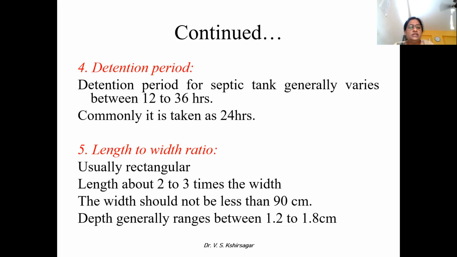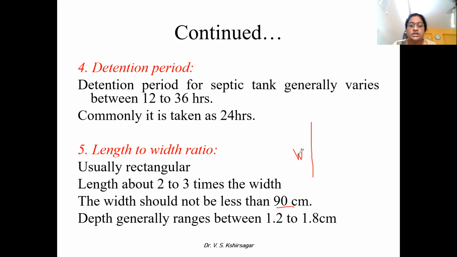Then the width should not be less than 90 centimeter. Whatever length to width ratio we are considering, first you should decide that when I'm drawing the plan, this is the width, and it should not be less than 90 centimeter. Depth generally ranges between 1.2 to 1.8 meter.